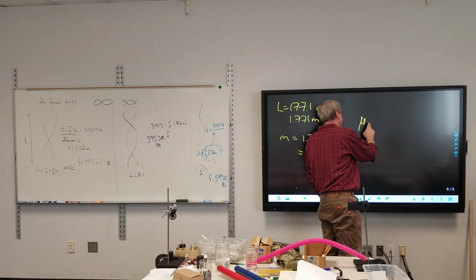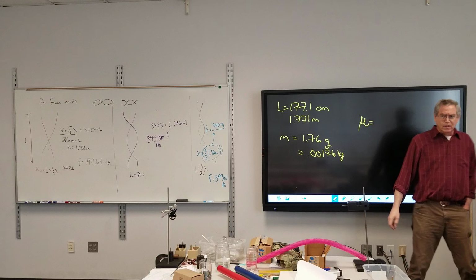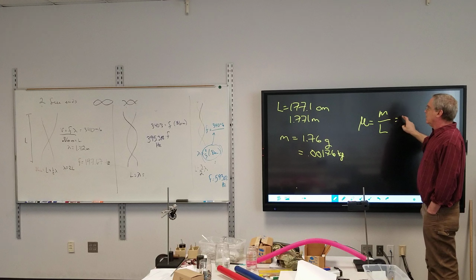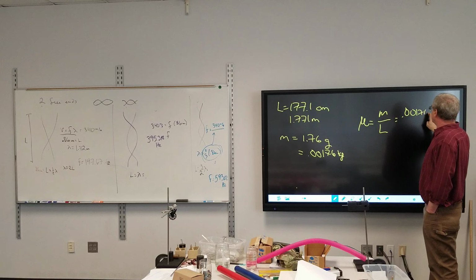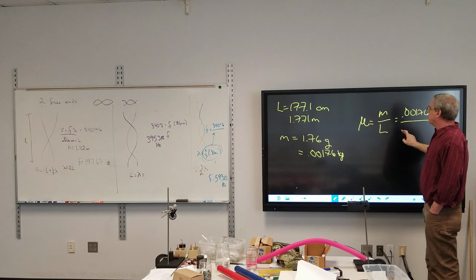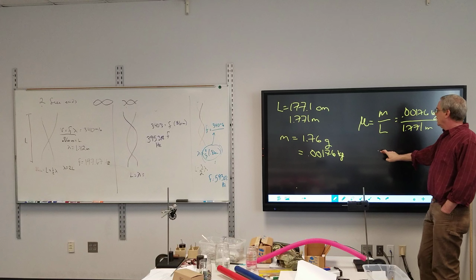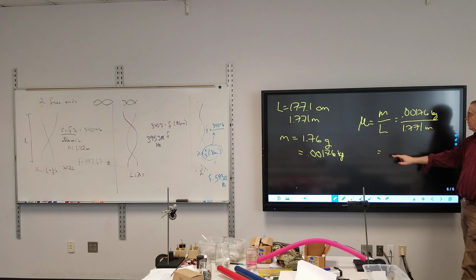How do you find linear density again? So 0.00176 kilograms divided by 1.771 meters, and we end up with 0.0009 something.